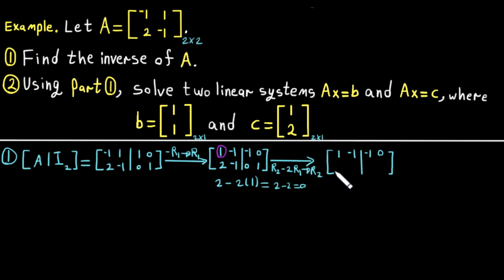So here I have to write 0. Then -1 minus 2 multiplied by -1, so -1 minus with negative will be positive, 2 multiplied by 1 is 2, and the answer will be 1, because -1 plus 2 equals 1. So here I have to write 1.